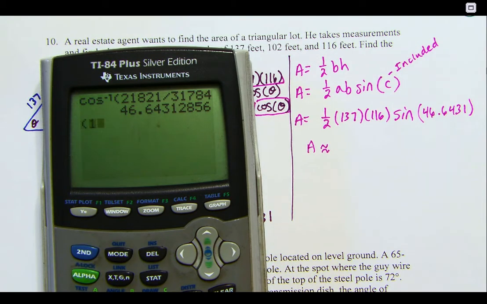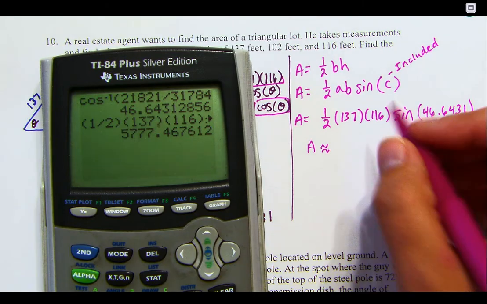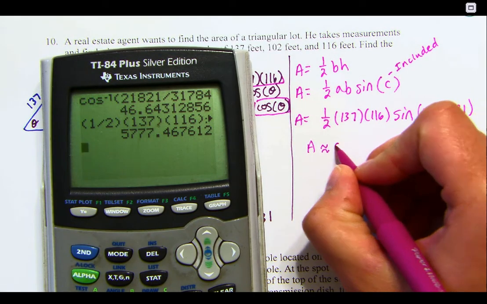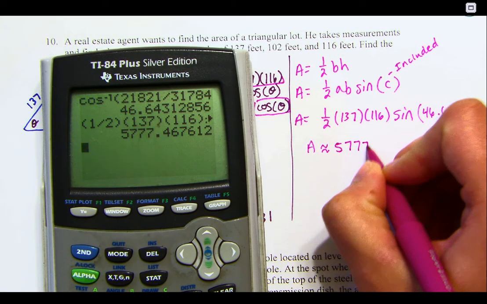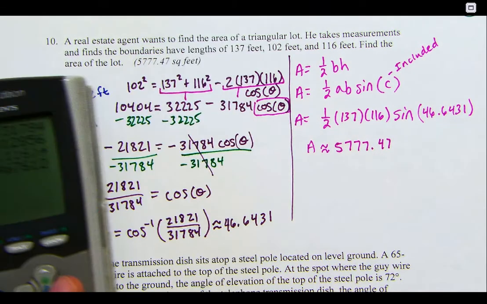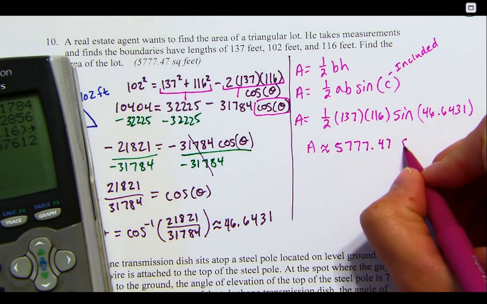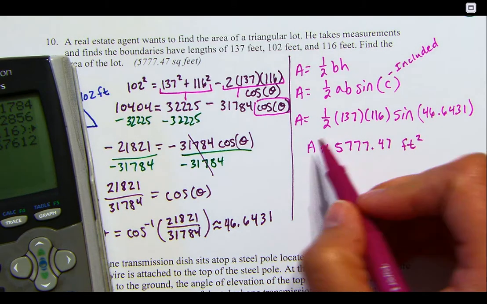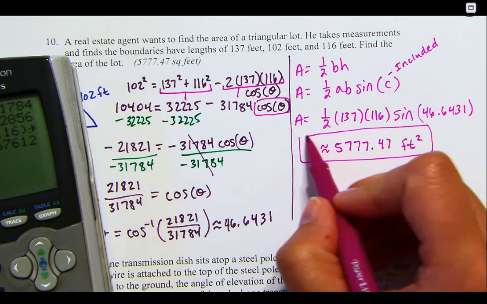So 1/2 times 137 times 116, and then sine 46.6431. Oh, 5,777.47. And then we're talking about area, so feet squared. It's going to be our final answer for this problem.